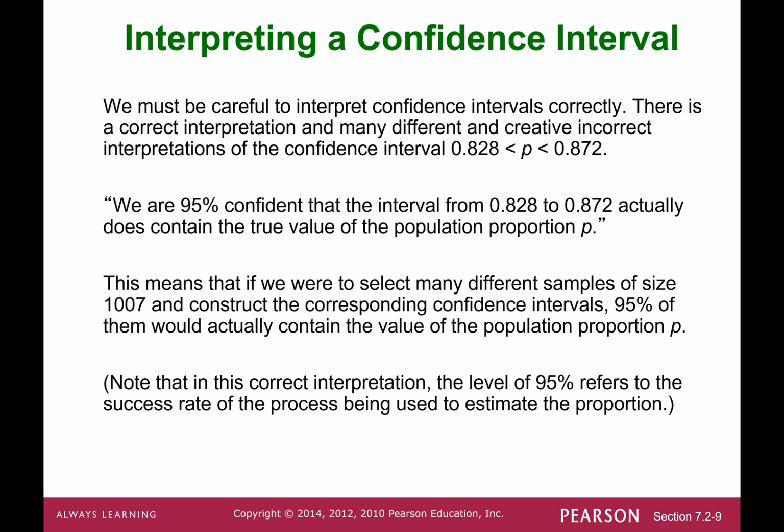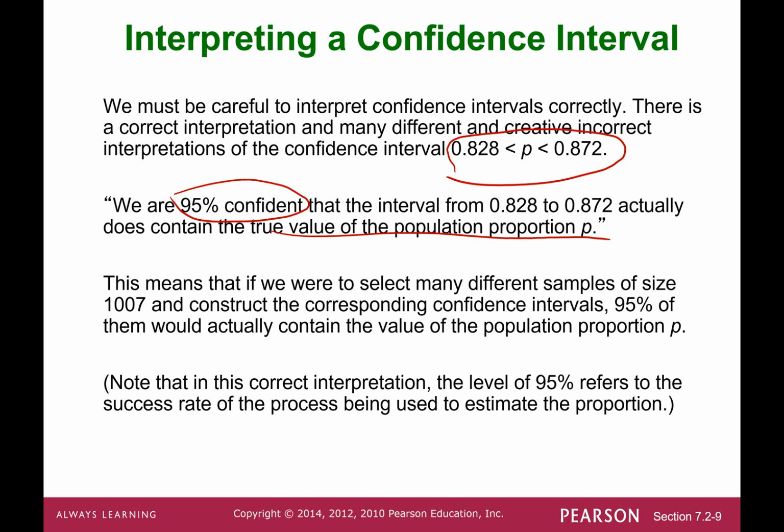Let's show how to interpret this confidence interval. Say the population proportion p is greater than 0.828 and less than 0.872. It's saying we have 95% confidence that the interval from 0.828 to 0.872 actually does contain the true value of the population proportion p.